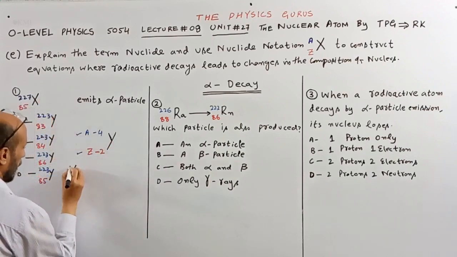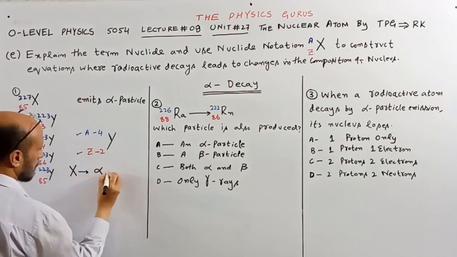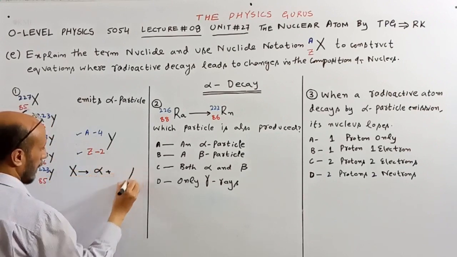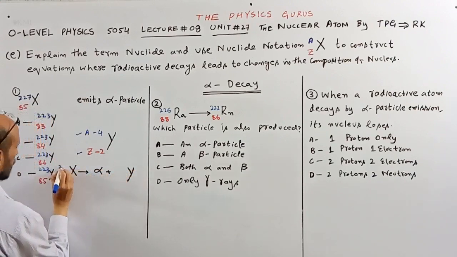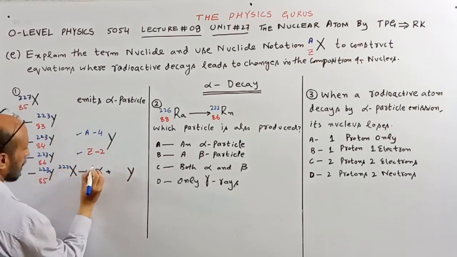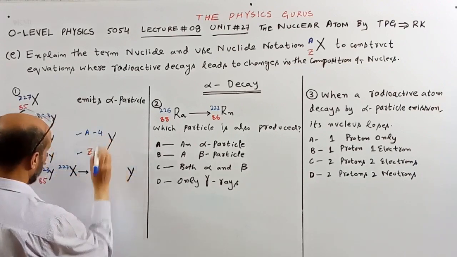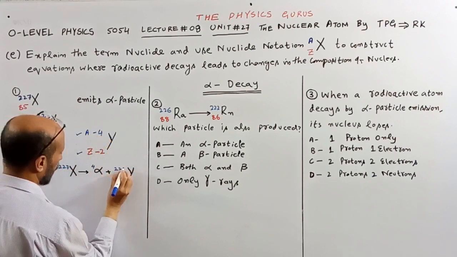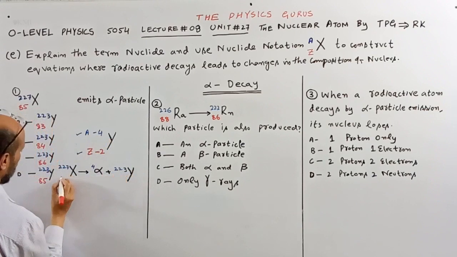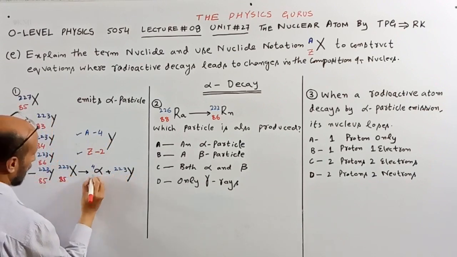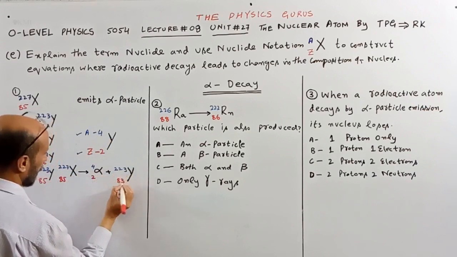X gives alpha plus Y. The A value is 227, and alpha has 4. When we subtract 4 over here, it will be 223. The value of Z is 85, and obviously we subtract 2 over here, so it will be 83.